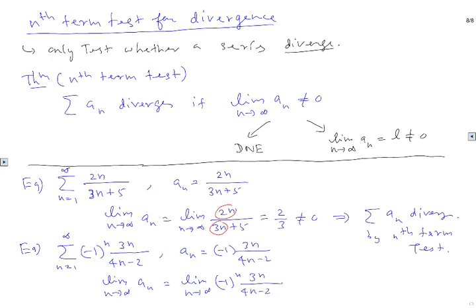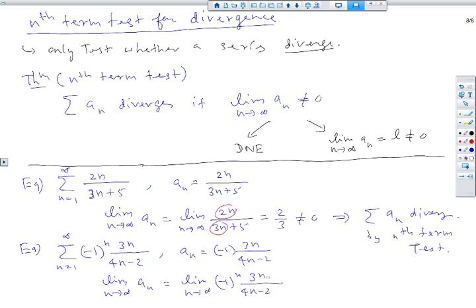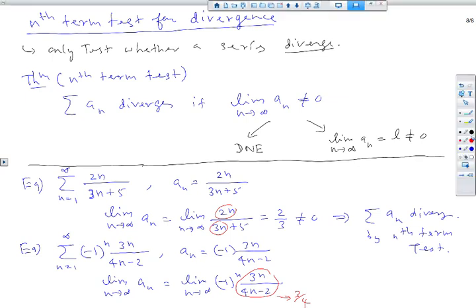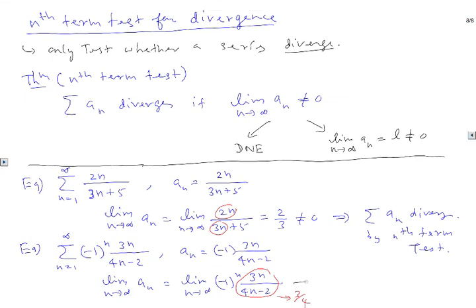But something else happened here. In this problem, this part has a specific limit. The limit of that part is 3/4, because if you ignore the minus 2, it is 3n over 4n, which means 3/4. But there's a negative sign that is going to fluctuate. Because of that negative sign, the limit does not exist. If you plot those values for large n, it's going to jump between 3/4 and negative 3/4.